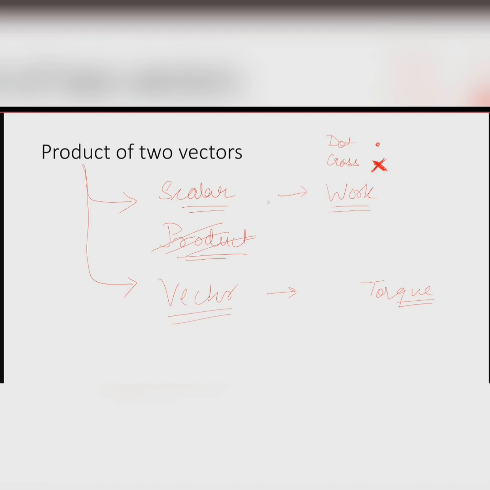That is our scalar product. And when we are using the operator of cross, that is cross product, or also called vector product, because the end resultant you get will be a vector quantity.